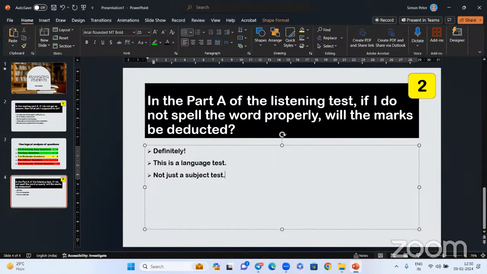Remember that. If it is science or social studies, they do not mind. For example, if you want to write India and you write INDAI, you'll get the mark because it is understood.